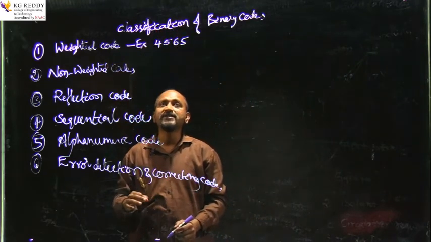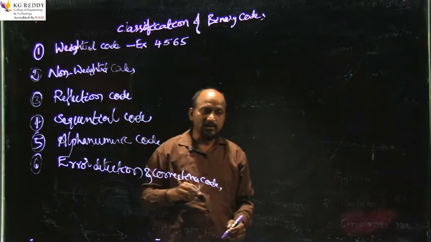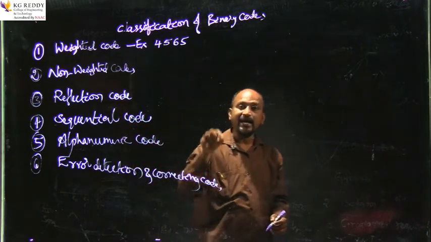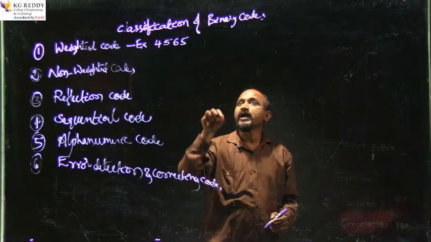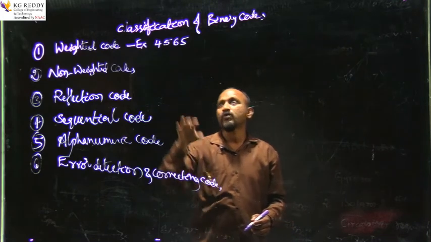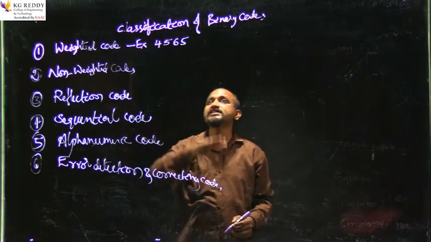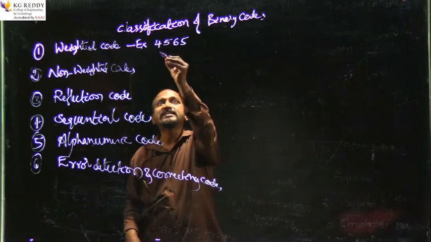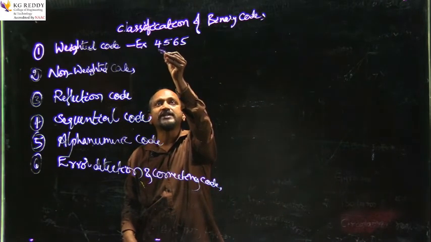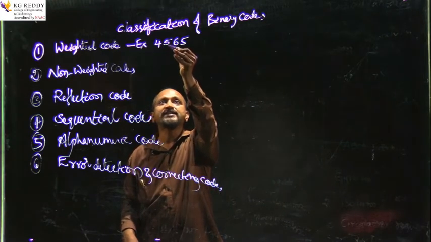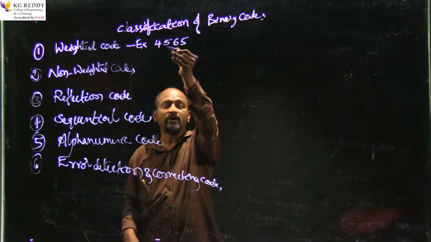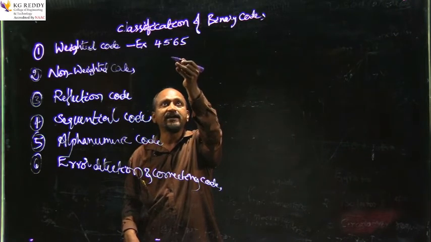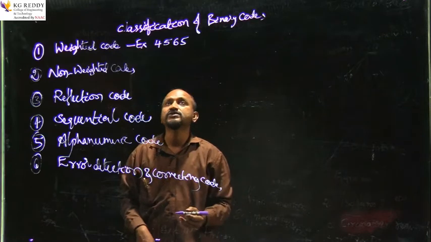I am repeating once. In a weighted code, each digit possesses its own weight. So in 4565, the 4 has 1000's weight, 5 has 100's weight, 6 has 10's weight, and 5 has 1's weight. This is one example.